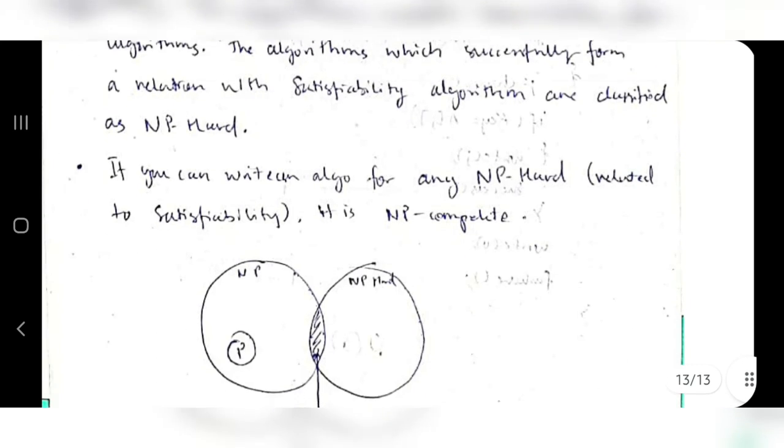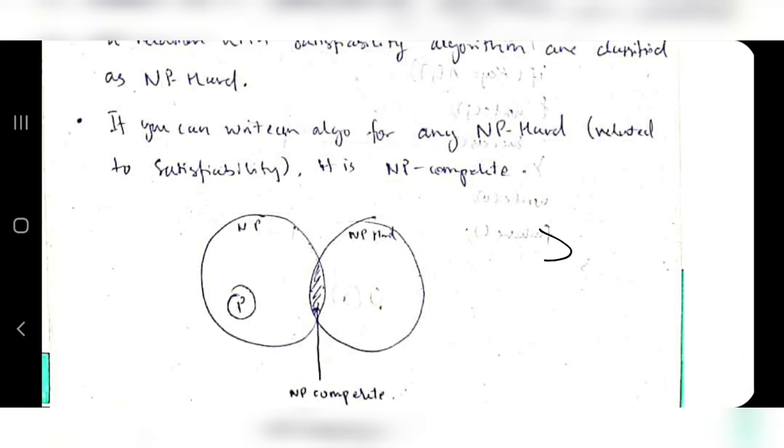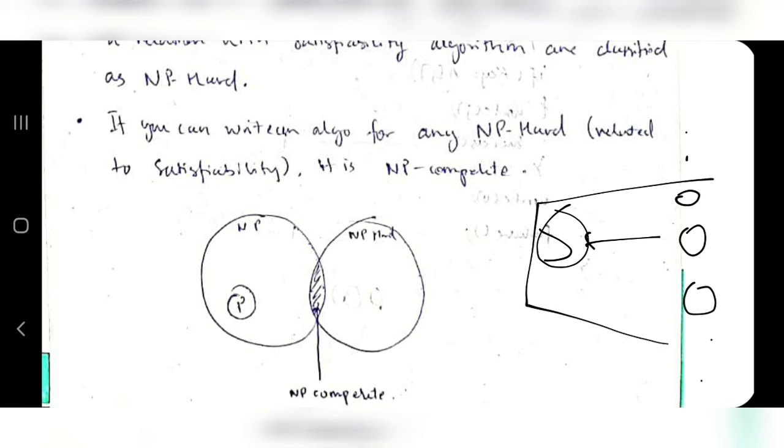The second thing is NP complete. Whichever algorithm has formed a relation with the satisfiability algorithm, such as knapsack, traveling salesperson, and sum of subsets, is known as NP hard.